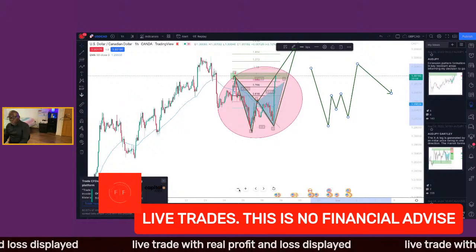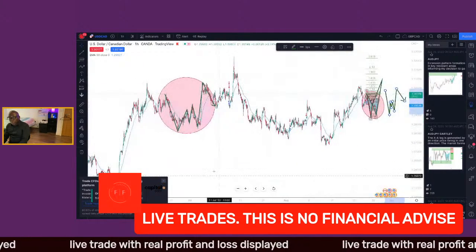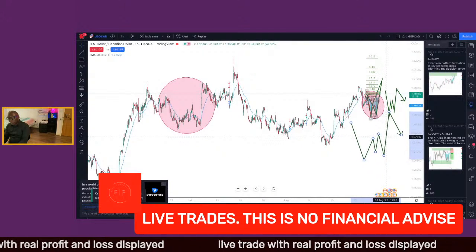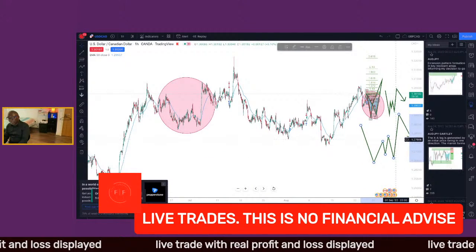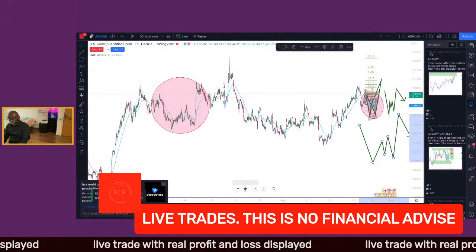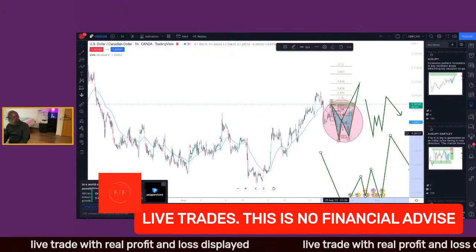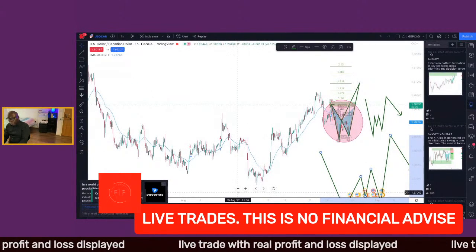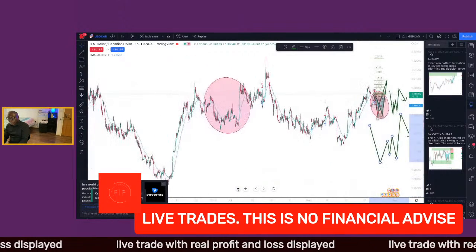Trying to show you that there is a possible similarity between these two. You can see there's a lot of similarity between those two segments, because the market also repeats itself.